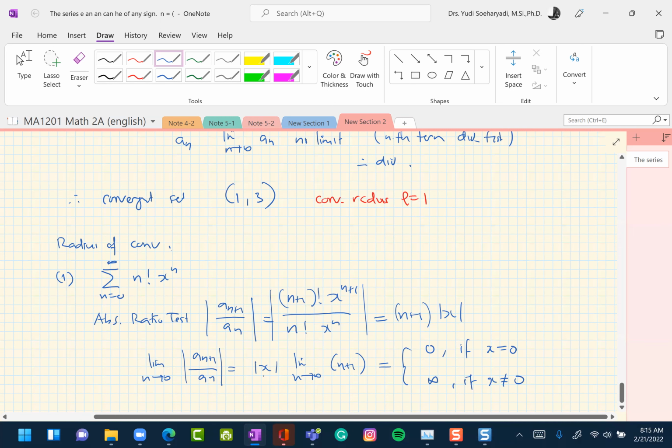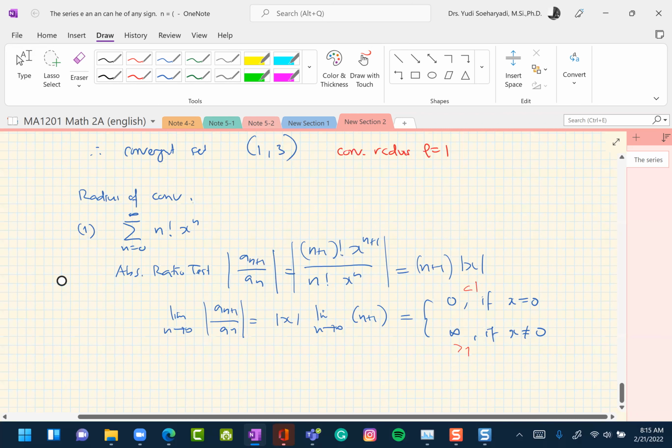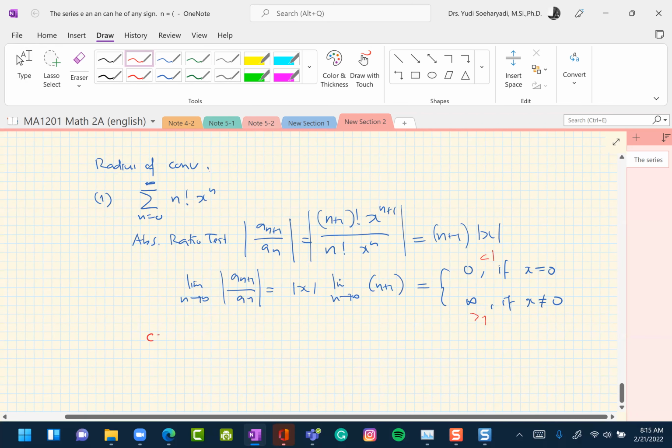If x is something non-zero, then the absolute value is positive, this goes to infinity, and this is divergent. So the limit is bigger than one, and we only have convergence at one point: convergence only at x equals 0.